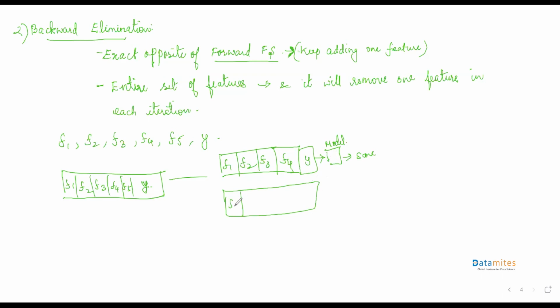And here, let's say it takes F2, F3. Now it removes F4 and takes F5 and sees how the model is performing. So it will try removing one feature and see where it is getting a good score.